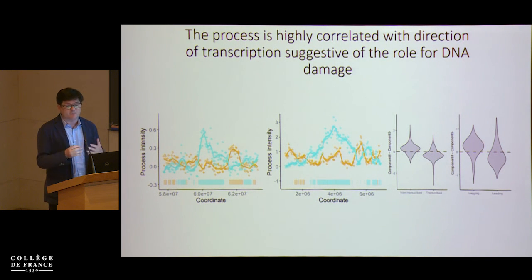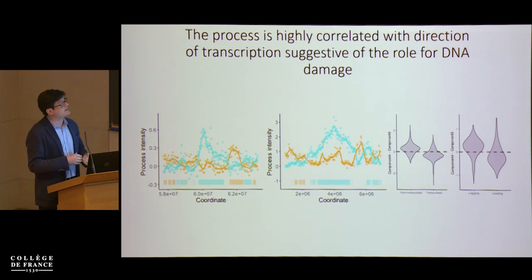So we tried to come up with a story that would incorporate repair of double-strand breaks and bulky lesions or any process asymmetric with respect to direction of transcription. We couldn't, but we think that there is a lot of DNA damage, potentially bulky lesions, maybe something else going on, maybe transcription-associated mutagenesis, but something related to the direction of genes in these regions.